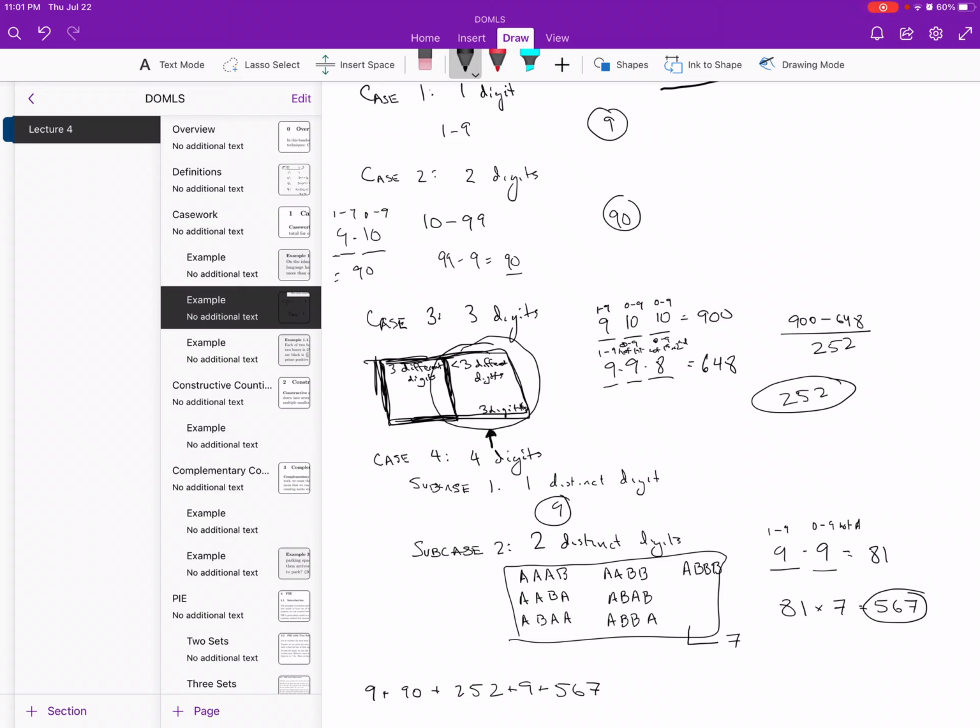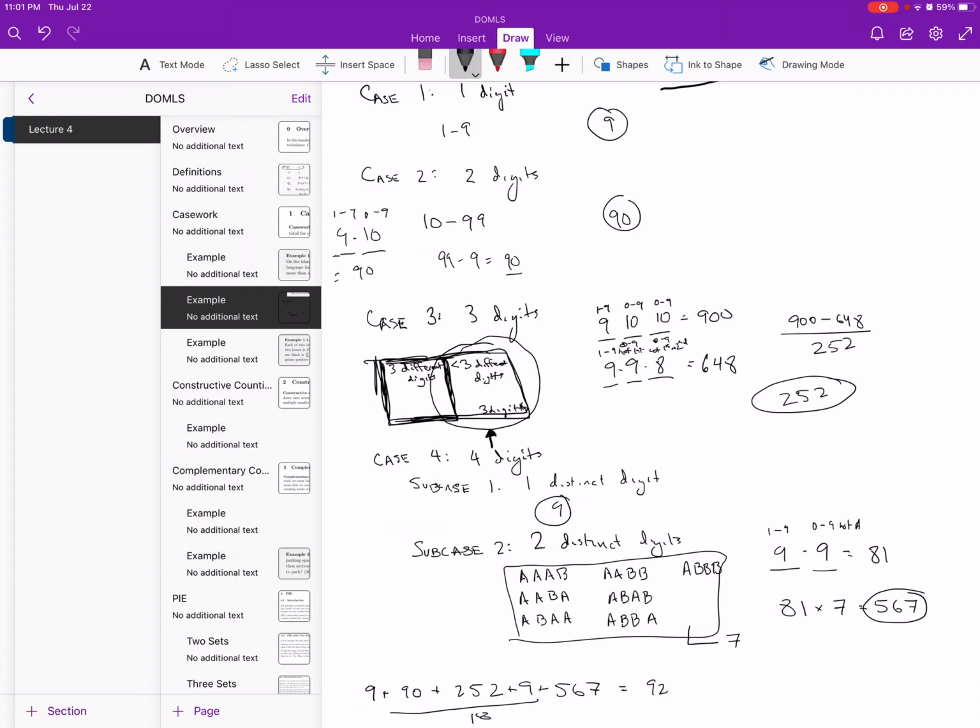Well, if we group these 2 9s together to get 18, then add that 18 to the 252, we get 270. Add that 90 to the 270. Well, then we got 360, and 360 plus 567 will give us 927.